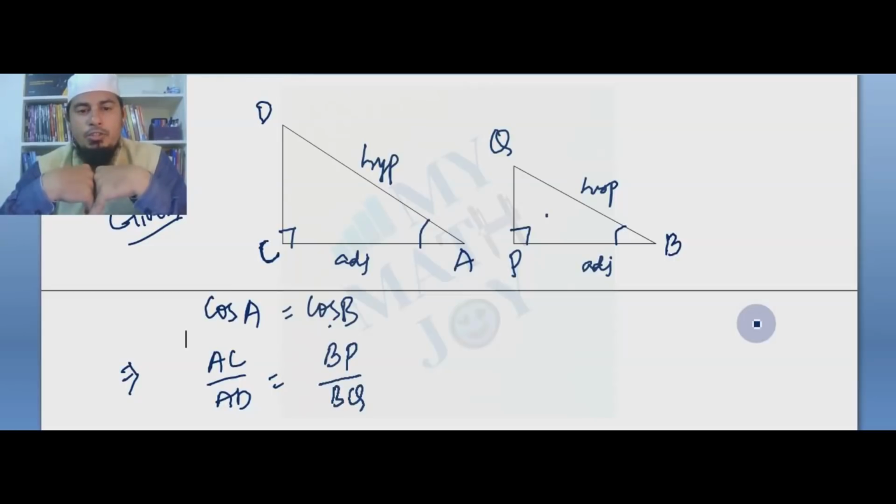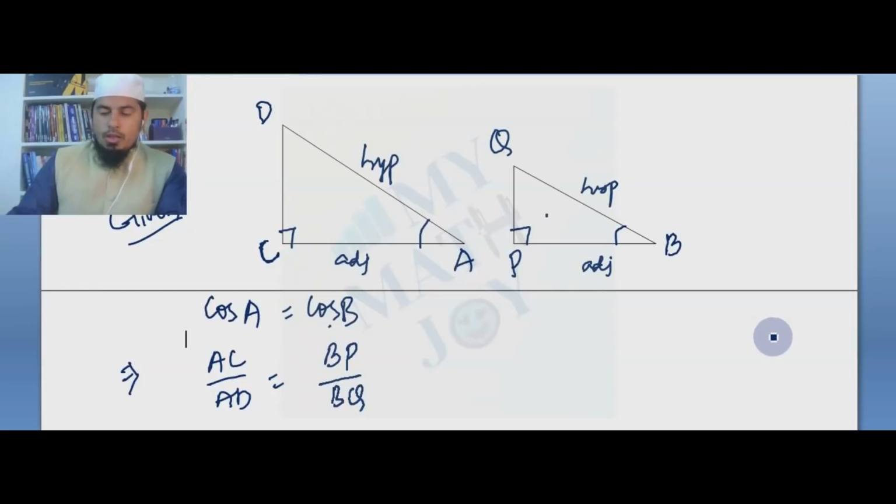My concern is to prove that the other missing side is also in the same ratio. If I prove that these two triangles are similar, then each and every corresponding angle is equal and corresponding sides will be in the same ratio. So let us try to prove these two triangles are similar now.